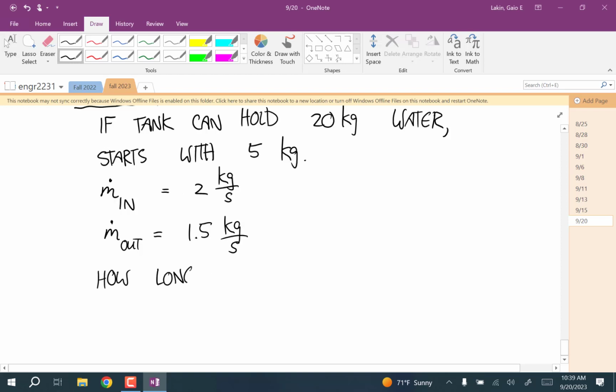How long will it take until the tank fills?